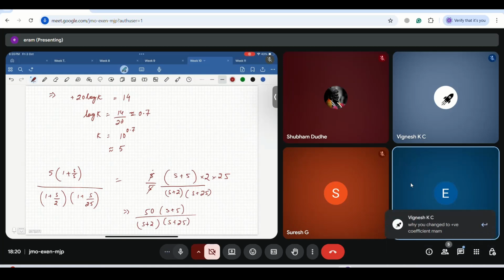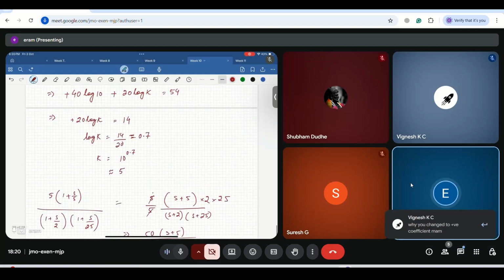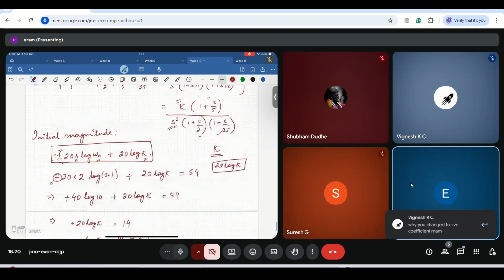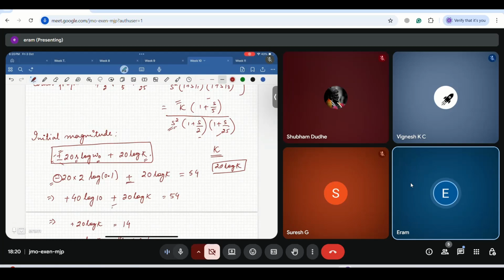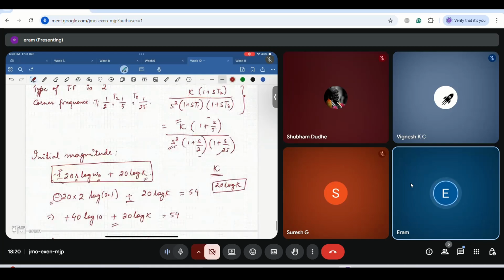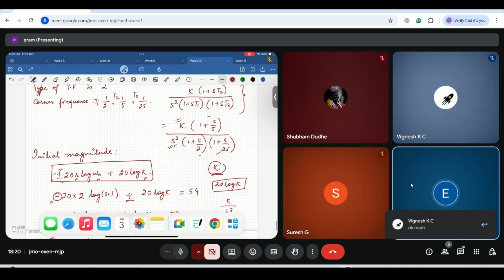Okay, where positive coefficient, in which step? Here, here it will be positive only. By mistake I earlier wrote minus. It will be positive only because what is the magnitude of k? Because you have k by s square only, which is dominant at the initial frequency.